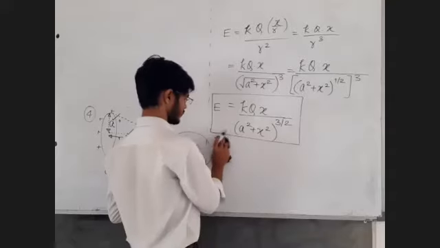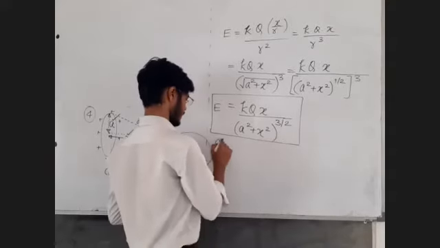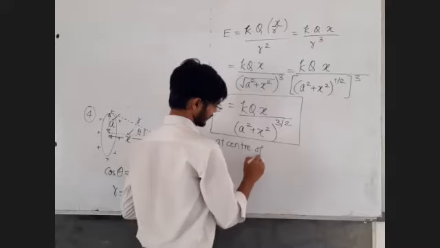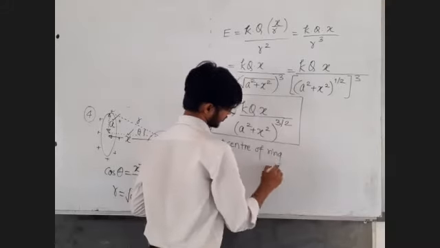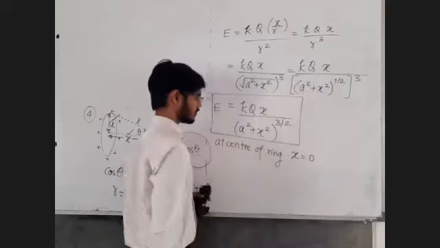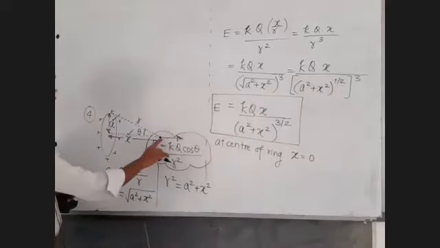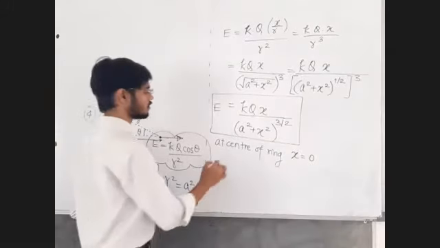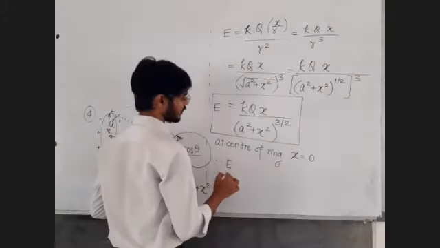At center of ring, distance on the axis means x equal to 0. If this point comes here at the center of the ring, then that distance will be equal to 0. Therefore, electric field will be what?